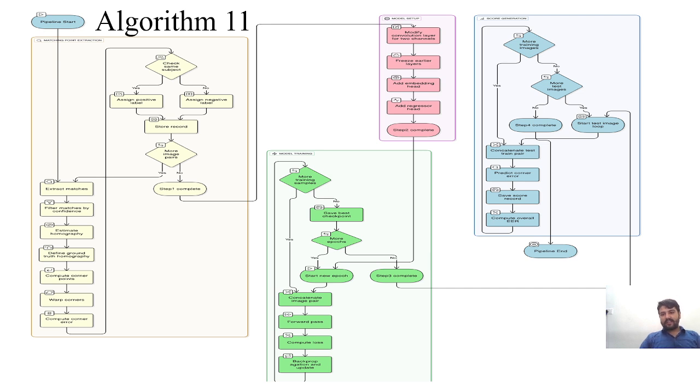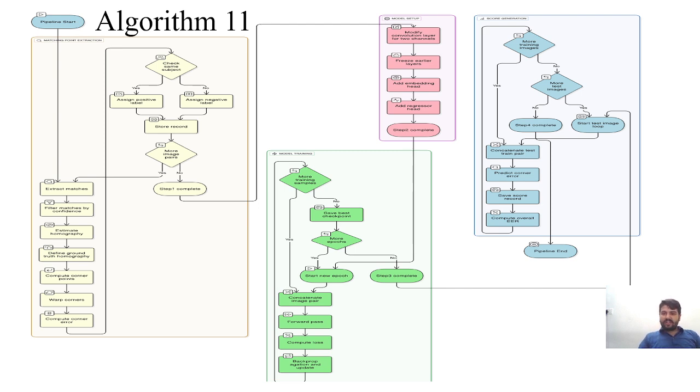And for score generation, in this process, I trained the model on a small subset of the data set and evaluated it on the large data set. In the training, I have only 14,000 pairs, and in the testing, I have lakhs of records.